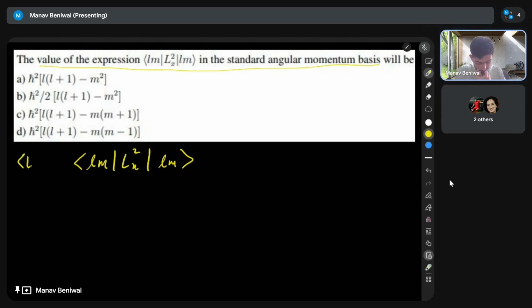Now these wave functions Lm are generally eigenstates of L squared and Lz. So we have to convert this Lx square to Lz and L square.